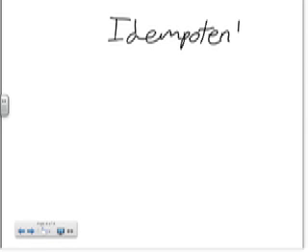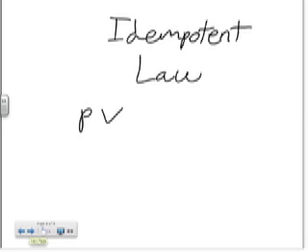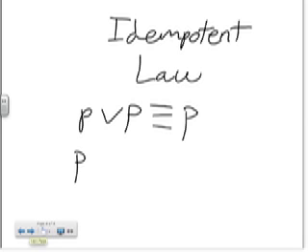The third law is known as the idempotent law. It's defined as P or P is equivalent to P. On the same notion, P and P is equivalent to P. The fourth law is known as the double negation law.